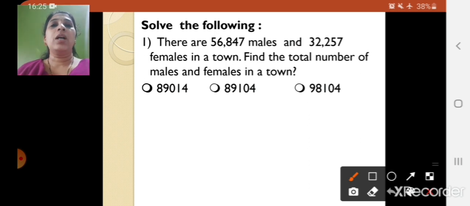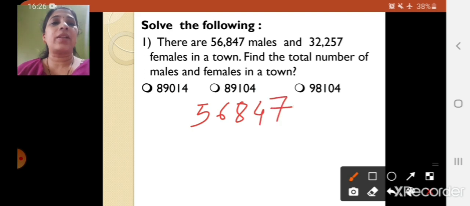Total, sum, these all mean addition. Okay. So let's write down 56,847 plus what is the other number? 32,257. So 7, 5, 2, 2 and then 3.